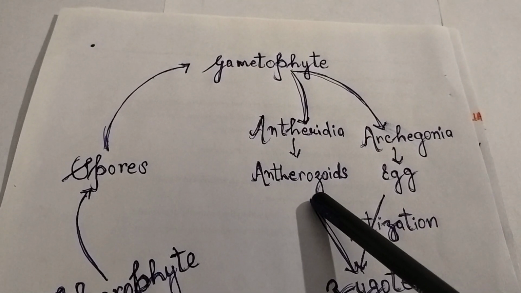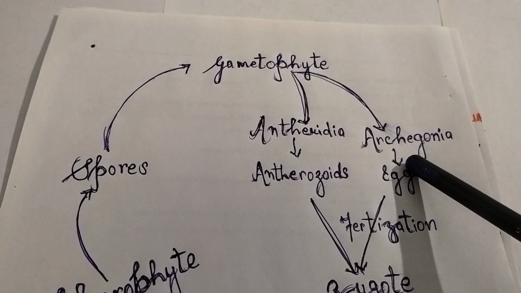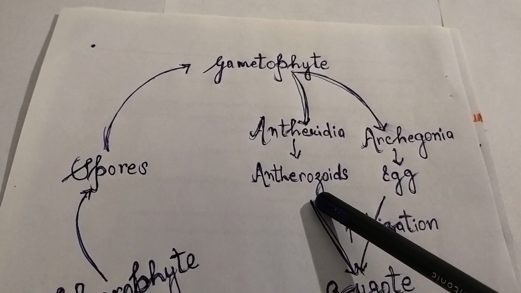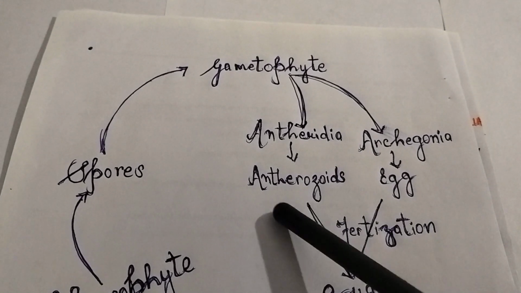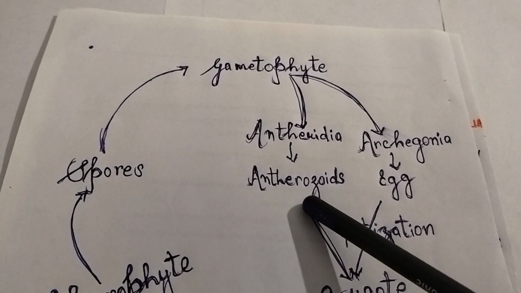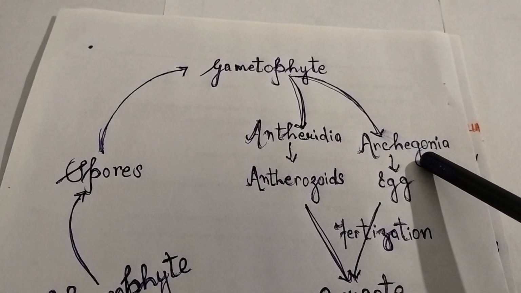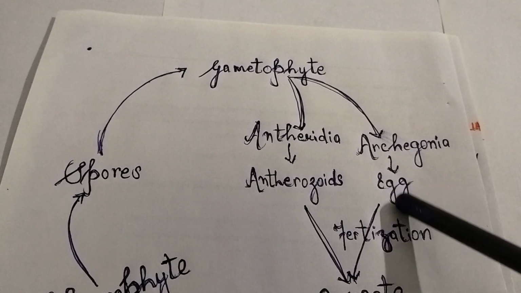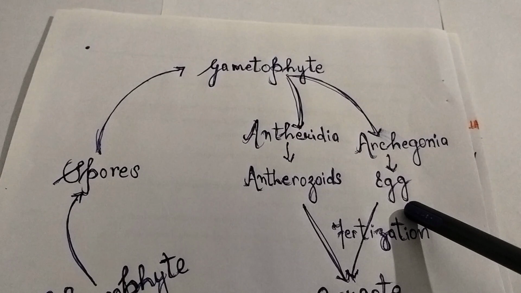Through water, these antherozoids will reach the mouth of archegonium, the female sex organ. They will enter archegonia, which bears the egg, that is the female gamete.